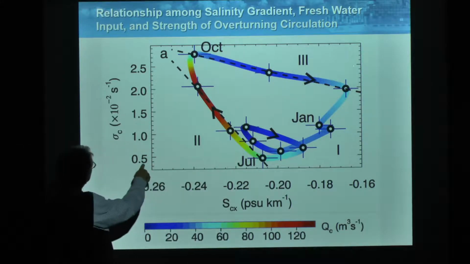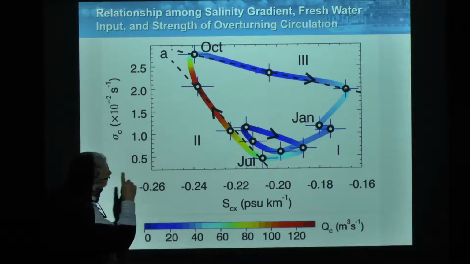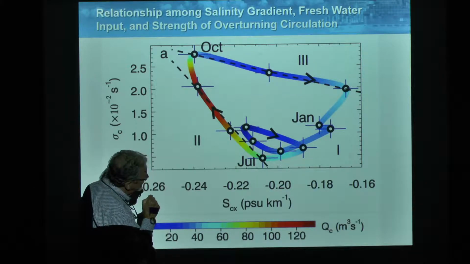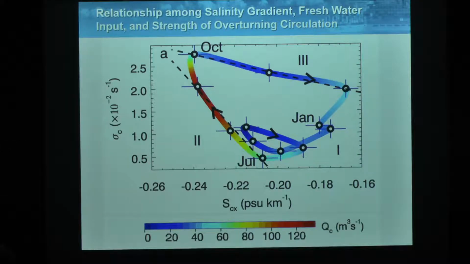July is showing very strong overturning circulation. The color coding here is the volume of freshwater input.